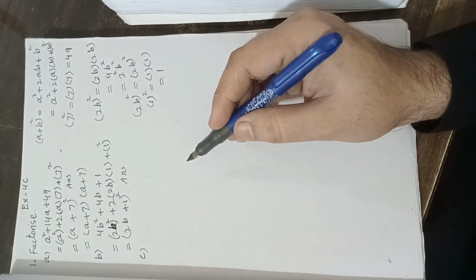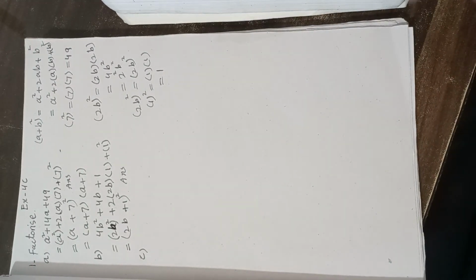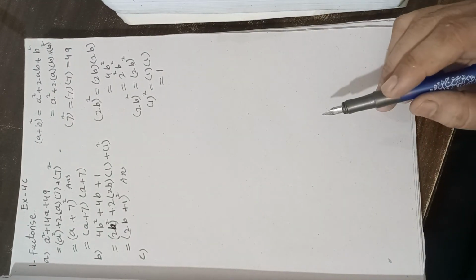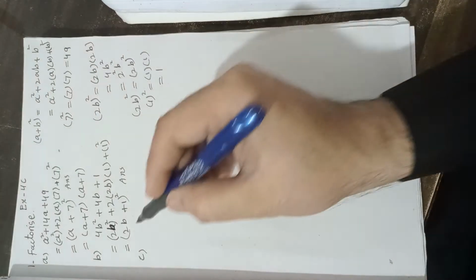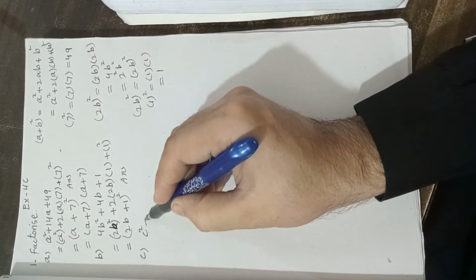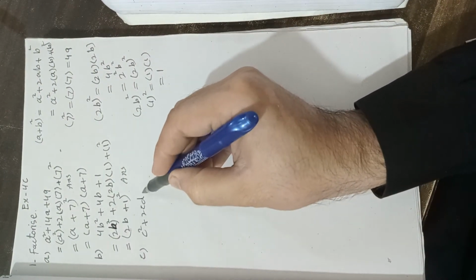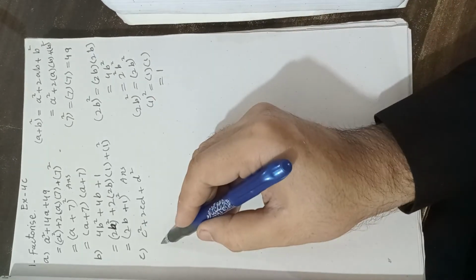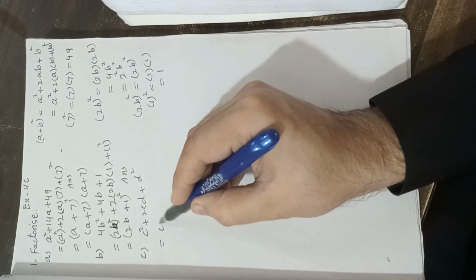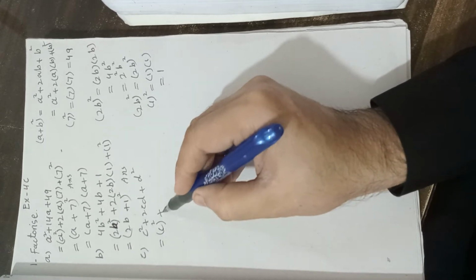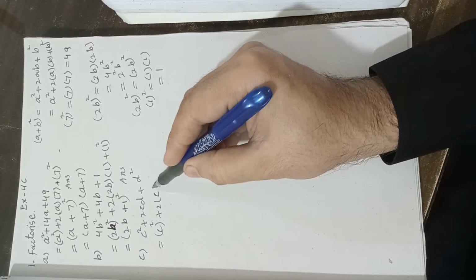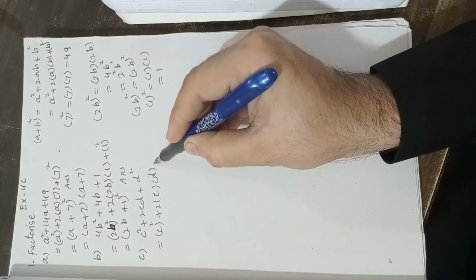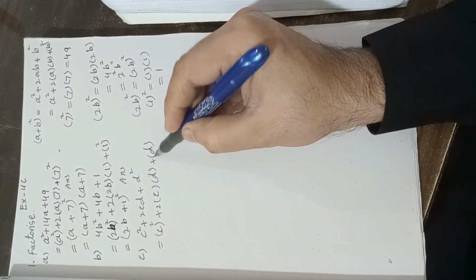Then there is part C. In part C, he is asking us c square plus 2cd plus d square. Compare it with a square plus 2ab plus b square.